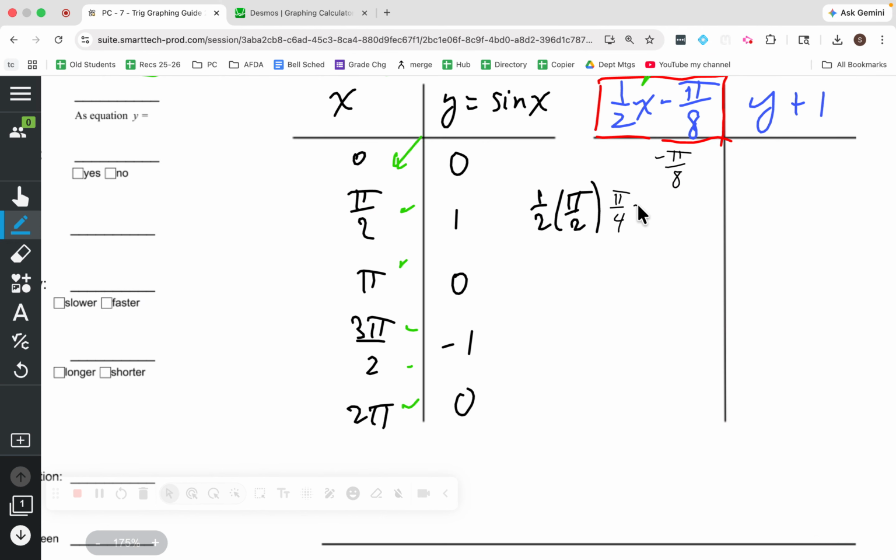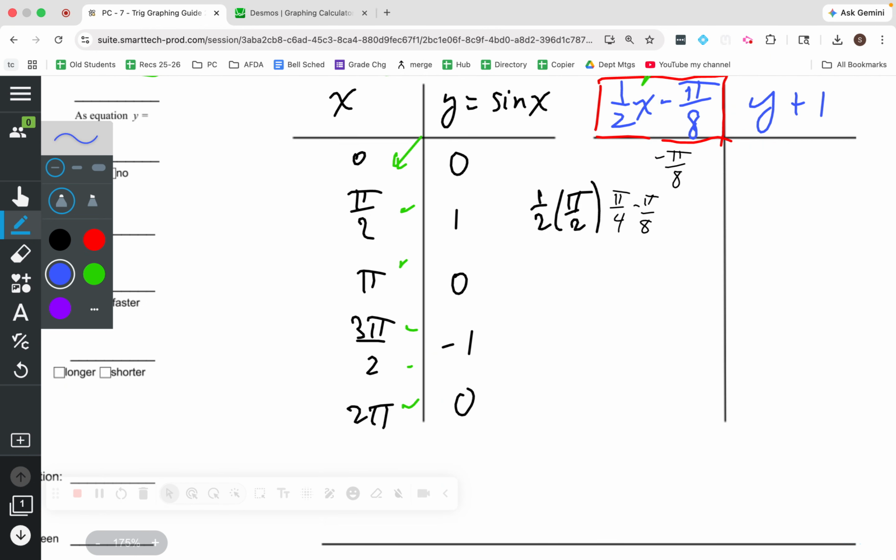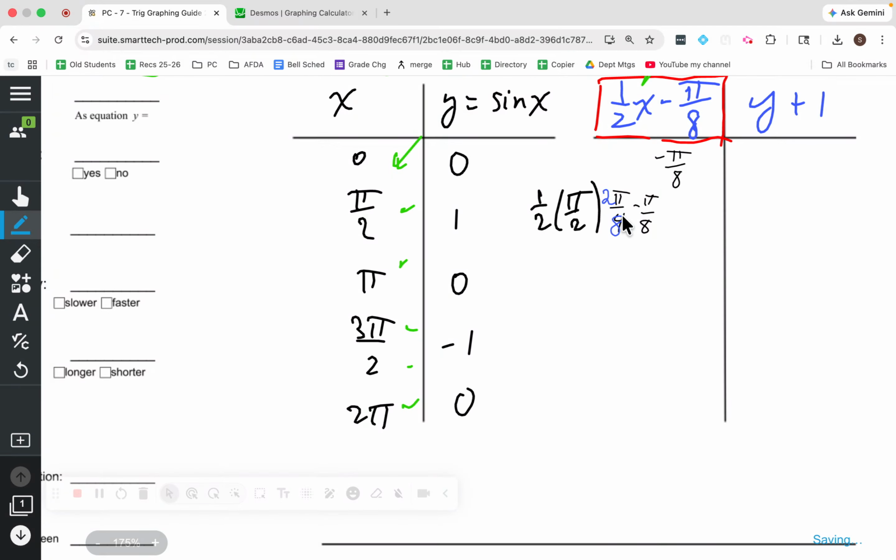And then we have to subtract pi over 8. Well, it helps to do these conversions on the fly. I'm going to force them to have common denominators of 8, so I can subtract the numerators, and I'm going to say 2 pi minus 1 pi is 1 pi. Answer, pi over 8.